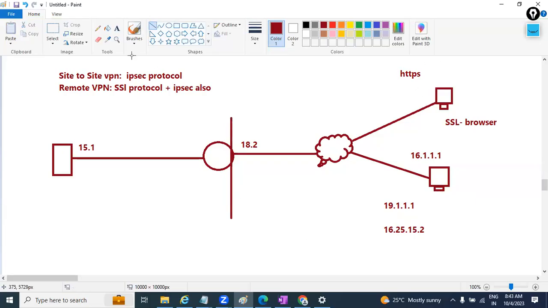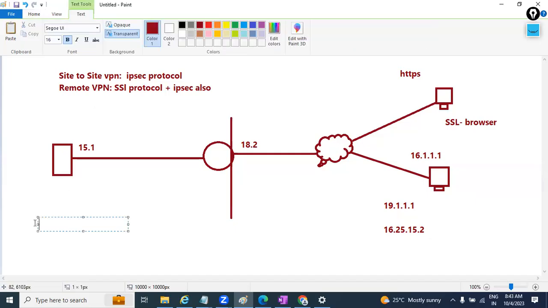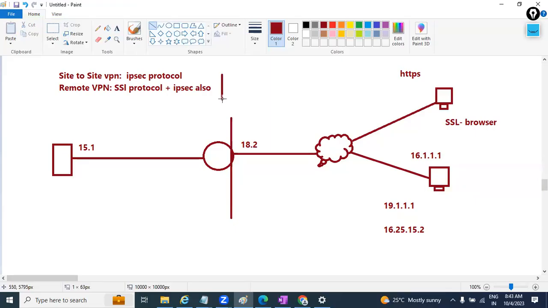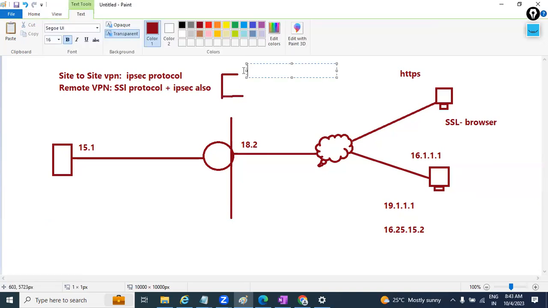If I talk about remote-based VPN, it is categorized into two different categories, or you can say it has two types. One is browser-based VPN, or this concept is known as clientless VPN overall, and this is known as client-based VPN.